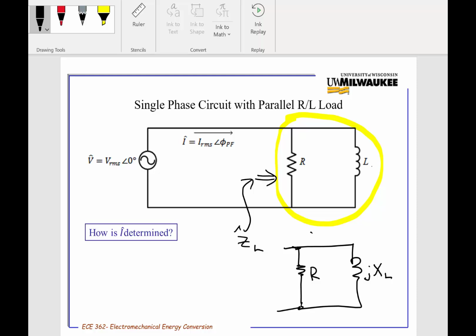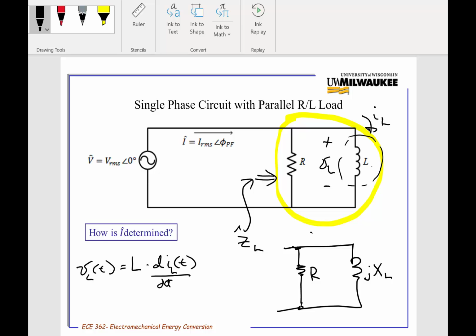So XL is what? The voltage across the L. If we were going to show this voltage as a scalar, it would be the L value times the derivative of the current going through that L. But in phasor form, we can write it this way.